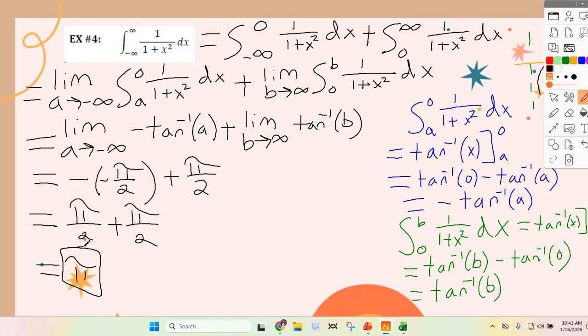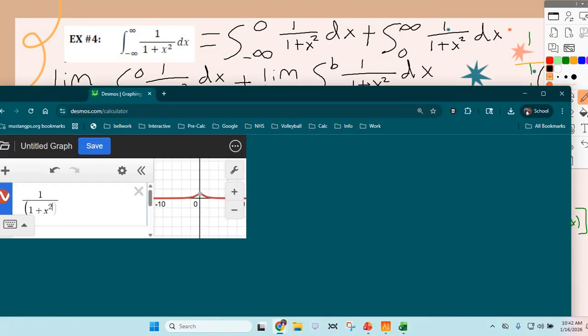Which means that if I look at this graph of 1 divided by 1 plus x squared, and I'm looking at the infinite area on both sides, your area is going to be getting closer and closer to pi. So if we wanted to show ourselves why, it's an interesting graph.